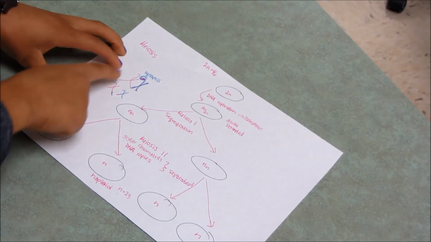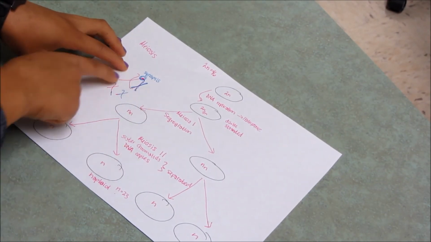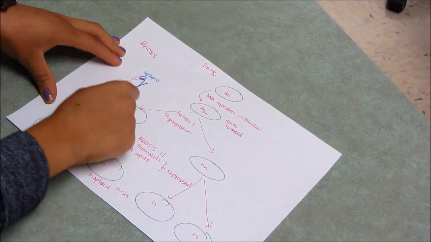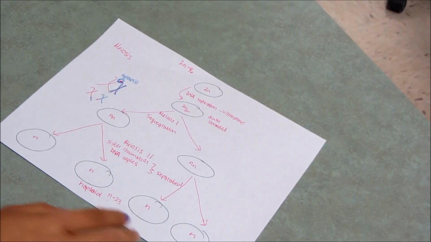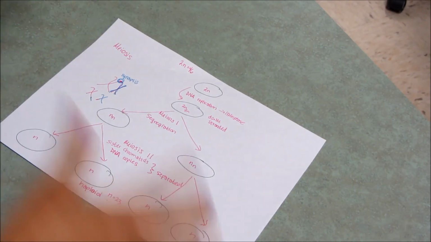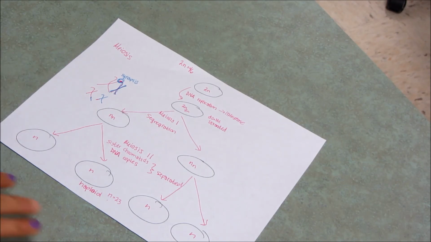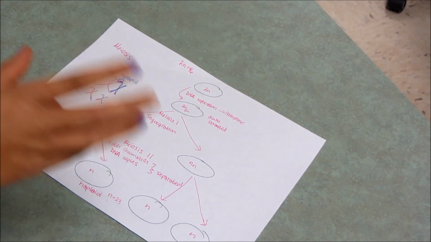So like this would be your mom and this would be your dad, and now part of your mom is over here and part of your dad is on this chromosome. So that's just what crossing over is, and that's a major difference between meiosis and mitosis. Mitosis is just simple cell division, so that's when your organs get bigger, but meiosis is when you're actually creating babies. So this is what happens when your eggs are fertilized.